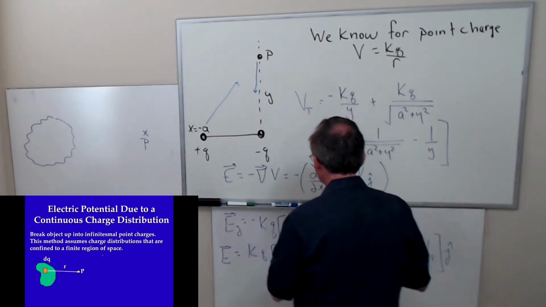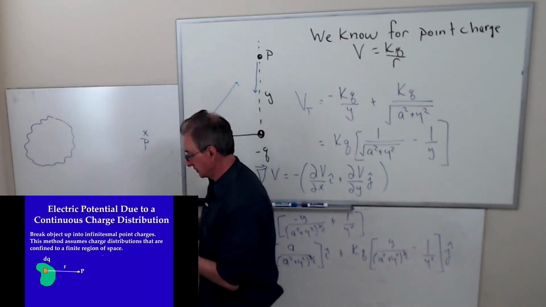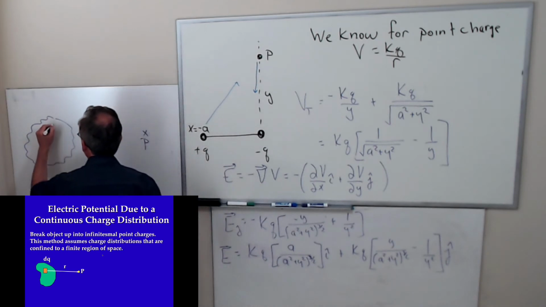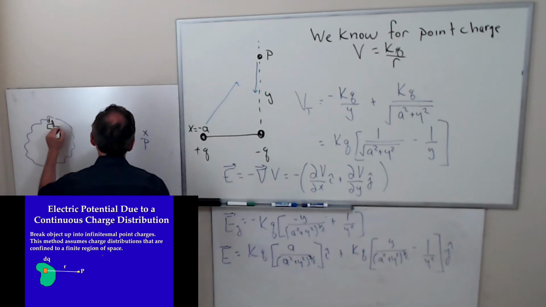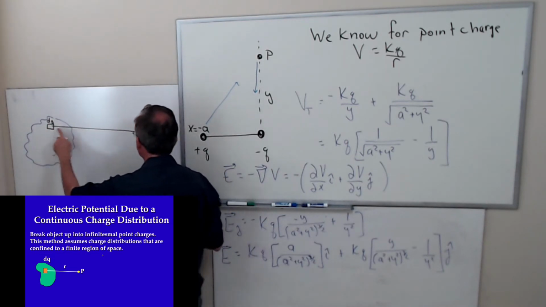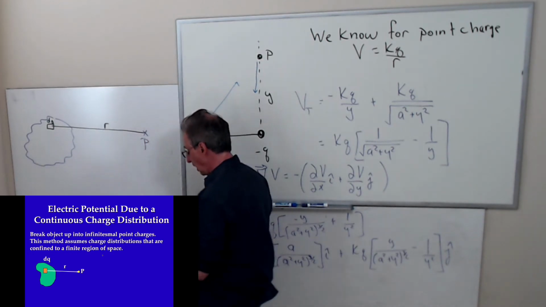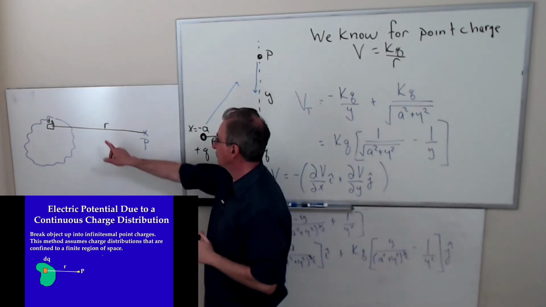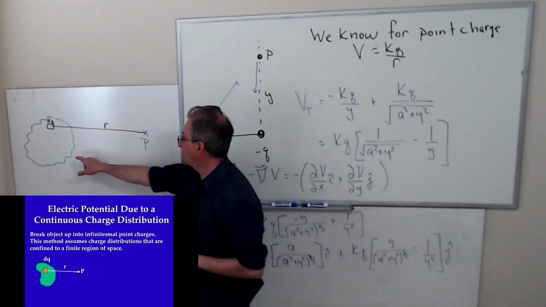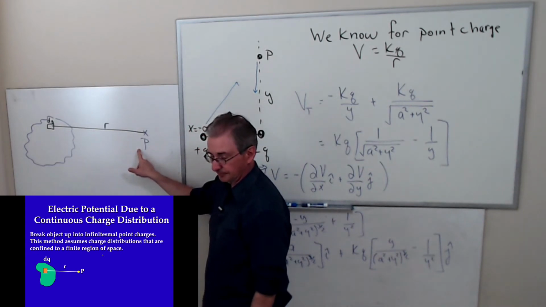What I have to do is take this charge distribution, whatever it is, and break it up into a bunch of little charges, dq's, and calculate the electric potential due to this dq at this point, whatever the r is. Remember, the r is the magnitude of the vector that points from the source to the point at which you're calculating the potential. Okay.